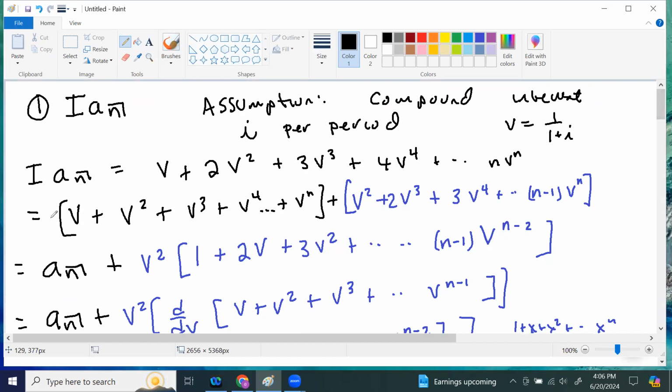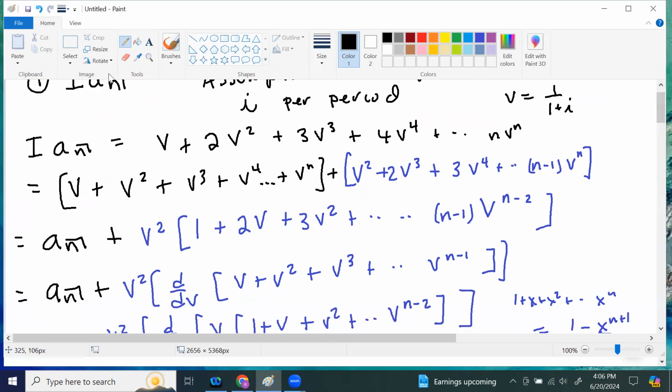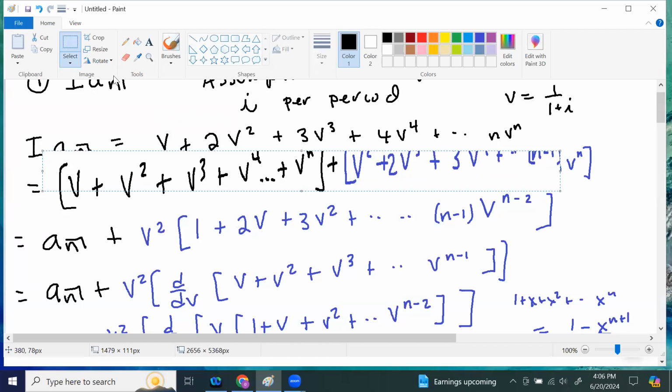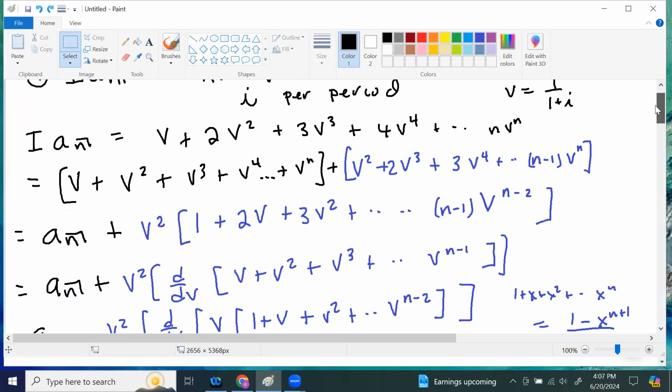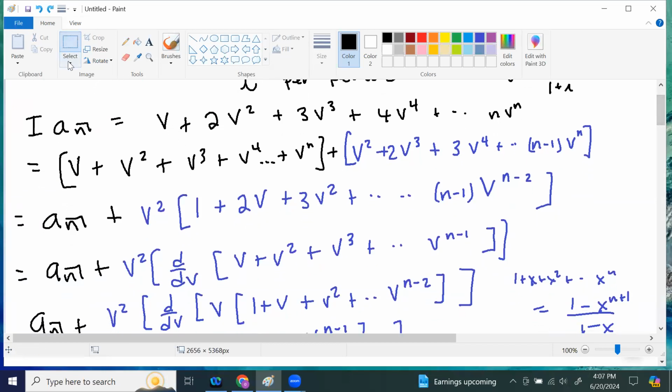Now look at this thing here and look at how we broke this up. If you took a P here and you added a Q here, I'll just write this. I do want to utilize a cut and paste.